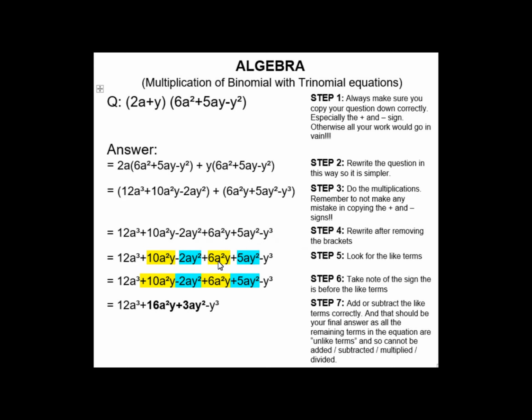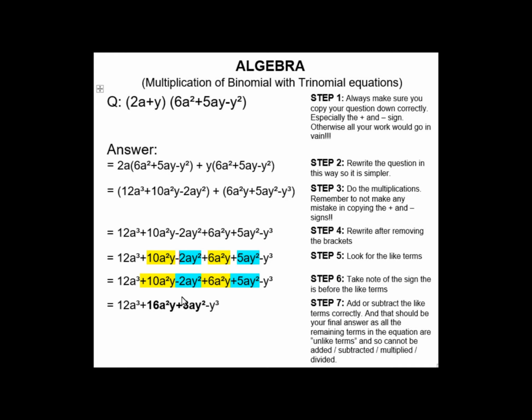You see the similarity. These are like terms, and so these can be added or subtracted. And here you have 2ay square, and here we have 5ay square. Again, ay square, they are like terms. So I have selected the two sets of like terms, one set in yellow, the other set in blue.